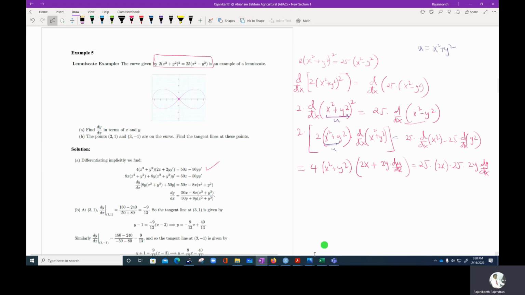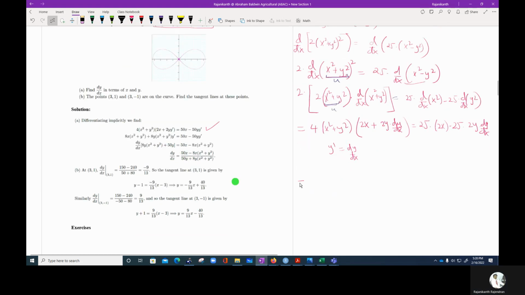Remember dy over dx is y prime. So if you plug in y prime here and simplify, you will come up with this term. We all know that y prime is nothing but dy over dx. If you plug in y prime for dy over dx into this expression, you will get that, right?